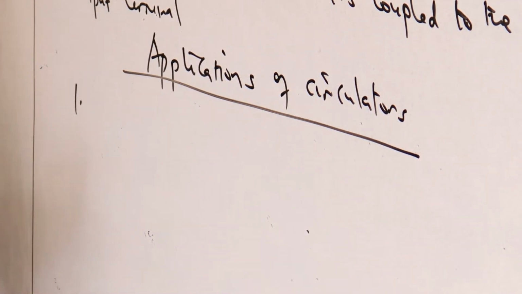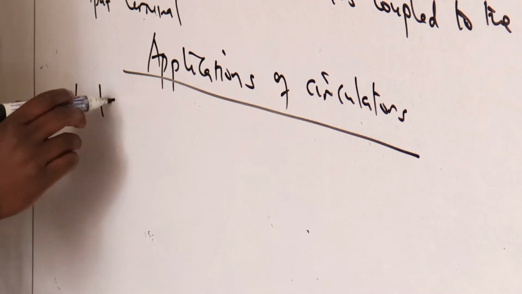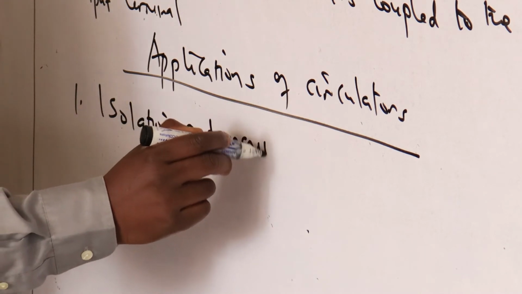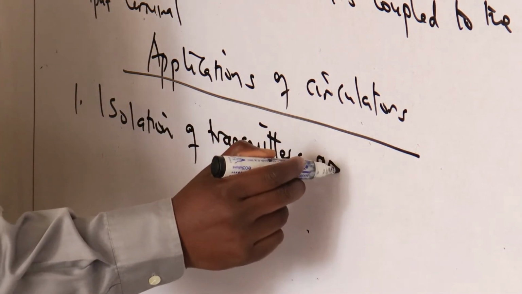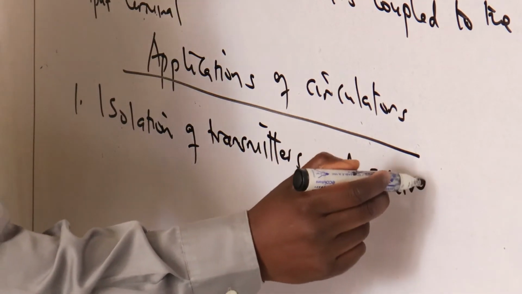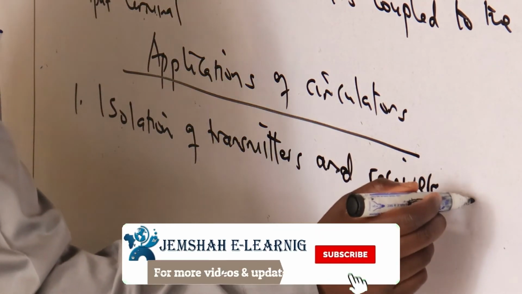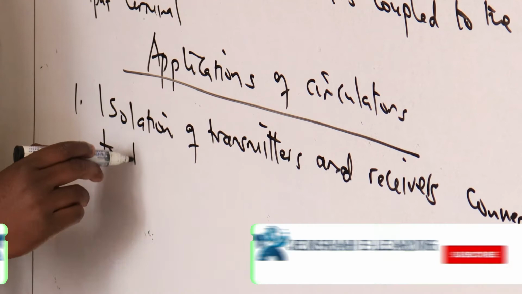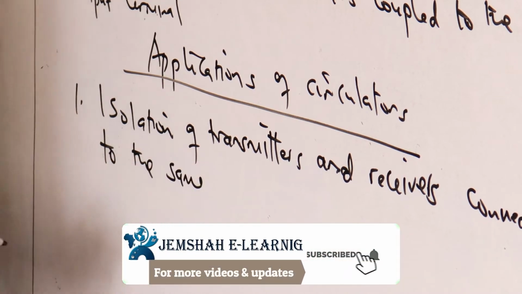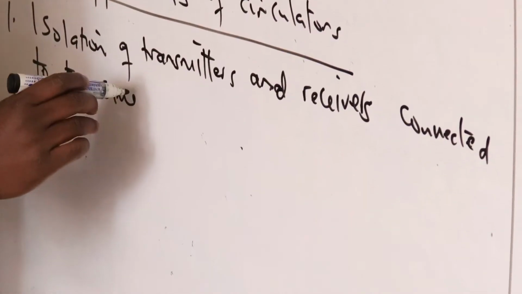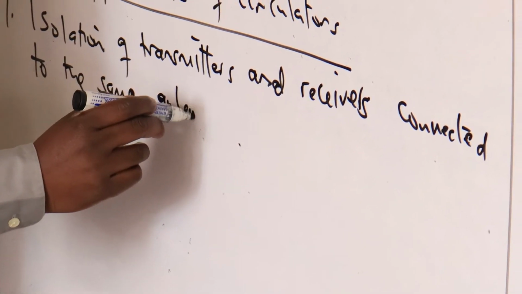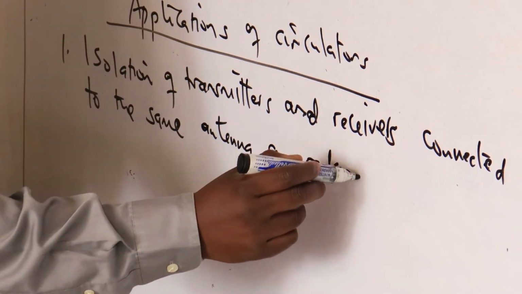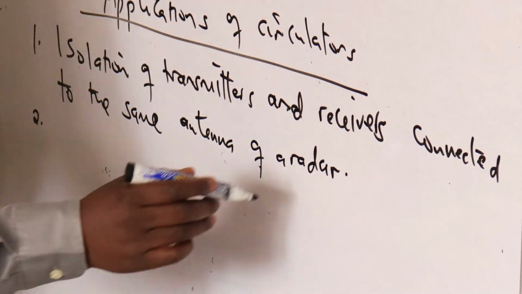Number one is isolation of transmitters and receivers connected to the same antenna of a radar system.